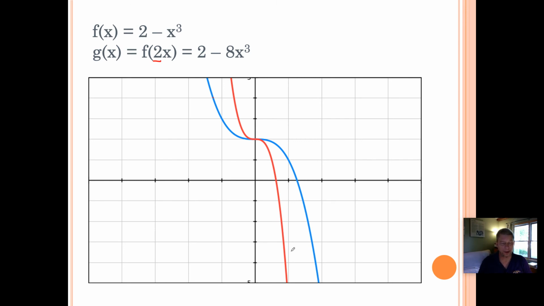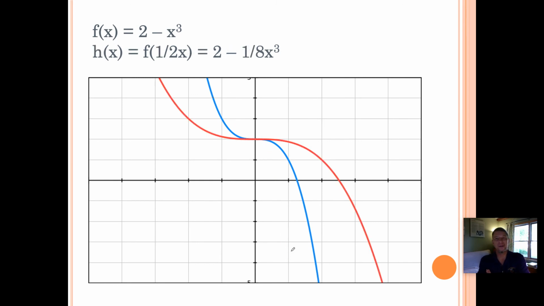Now, on the other hand, if we use h of x equals f of 1/2 x, that is going to give us a horizontal stretch. The 1/2 in this case, it's not 1 over 2x, it's 1/2 times x. Sorry about that. Equals 2 minus 1/8 x cubed.